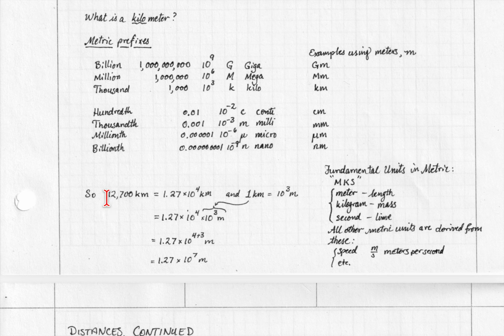But notice that it's 12,700. You might get a clue that those two trailing zeros are kind of made up. The distance is not exactly 12,700. There probably are some other digits after that 7, which have been measured by somebody, but I've simply rounded it off to the nearest 100. So those zeros are not significant. Only the 1, 2, and the 7 are.